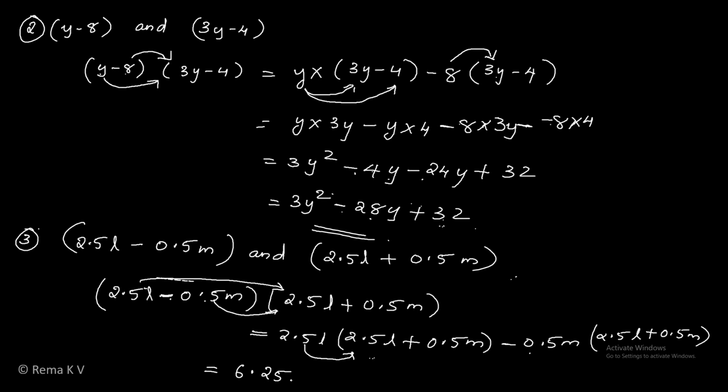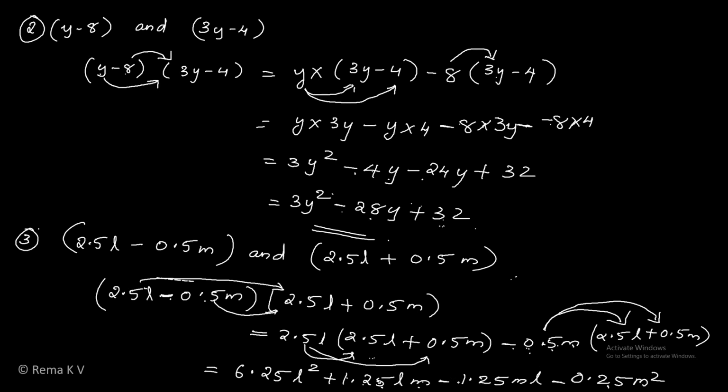L into L gives L square. Then the next is, we have to multiply these two. Here it is plus 1.25 lm, here it is minus 1.25 lm.